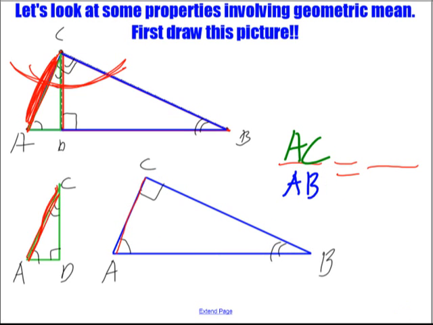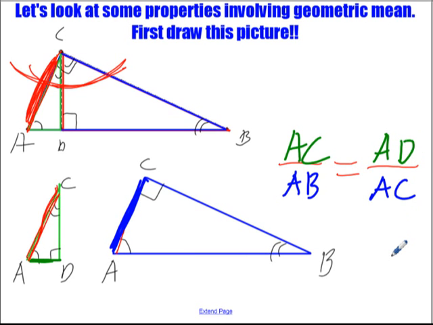So green to blue. And then what else is going to correspond with AC? Right, AC is in the blue triangle, so we're doing green to blue. That's another way to keep it straight. So what's going to correspond with that? Well, AC in the blue triangle is the shorter of the two legs, so it should correspond with the shorter of the two legs in the other triangle, which is AD.